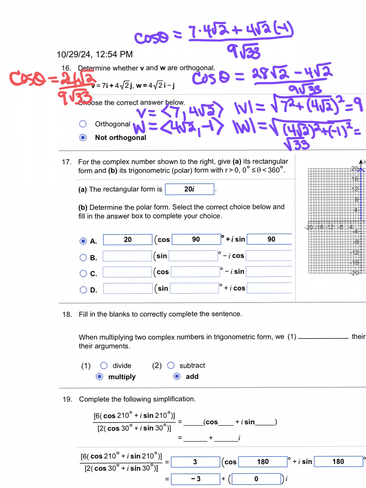Now, if you take the inverse cosine of both sides of this problem, you get about 49 degrees. For it to be orthogonal, it must be equal to 90 degrees, therefore it's not orthogonal.